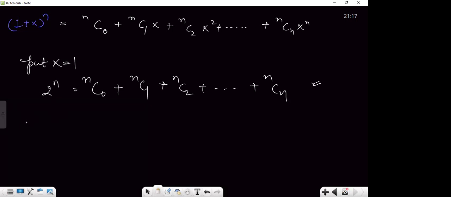If we were to find out 1 minus x raised to power n, then 1 minus 1 becomes 0. Because minus 1 raised to an odd power will become negative, the terms having odd index of x will be negative and others will be positive.